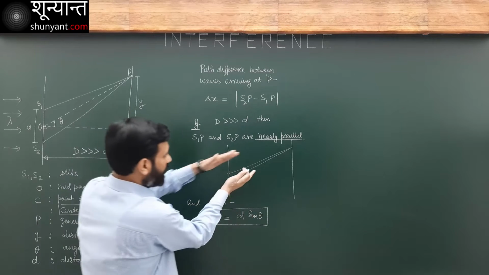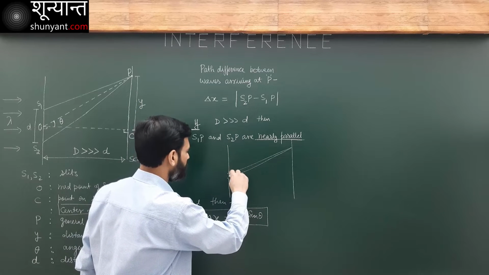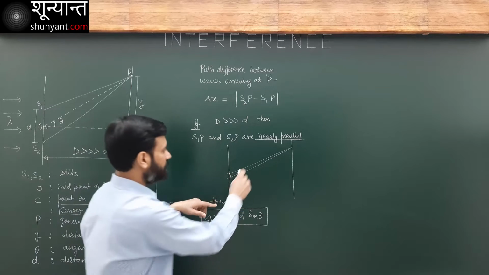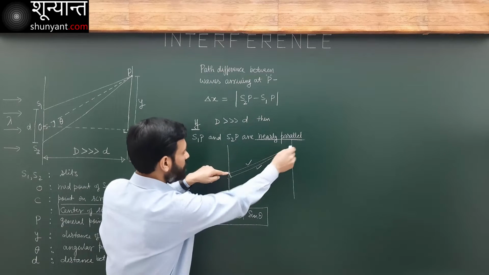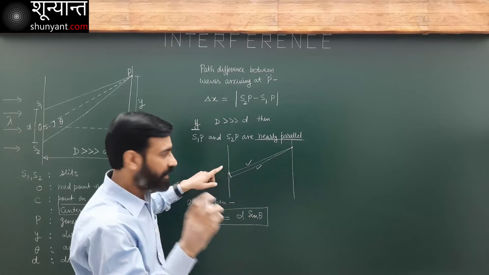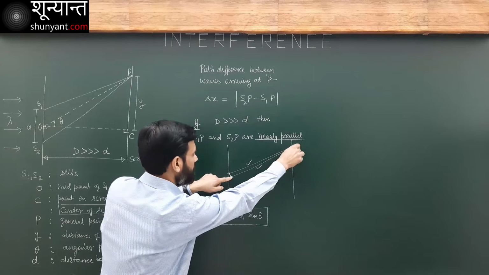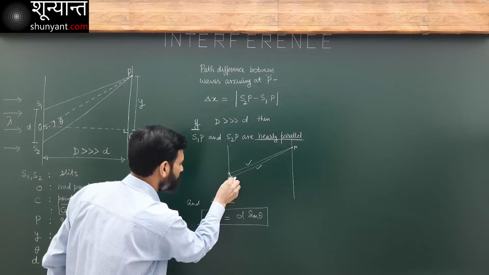Now, if they are nearly parallel, in that case, if I draw a perpendicular here, then these two lengths are going to be the same, the length from this point to this point P here. That means this is the path difference. This is the extra distance.